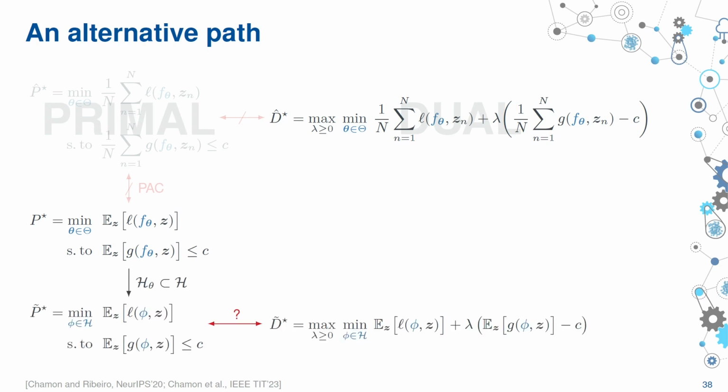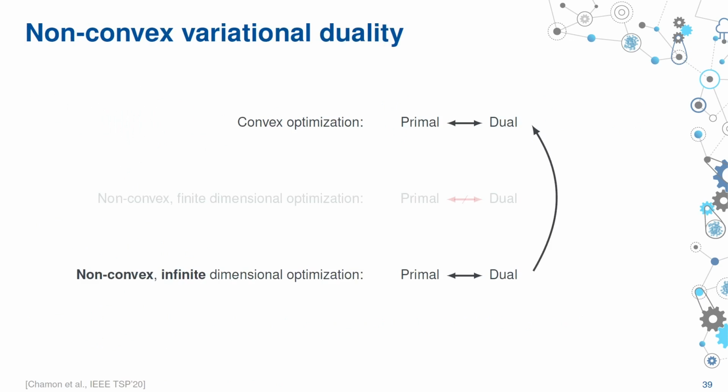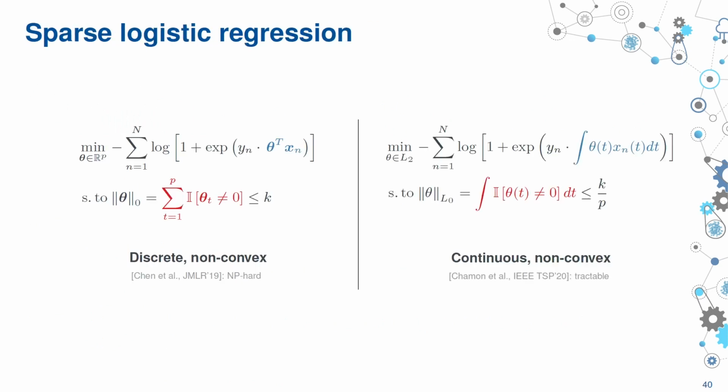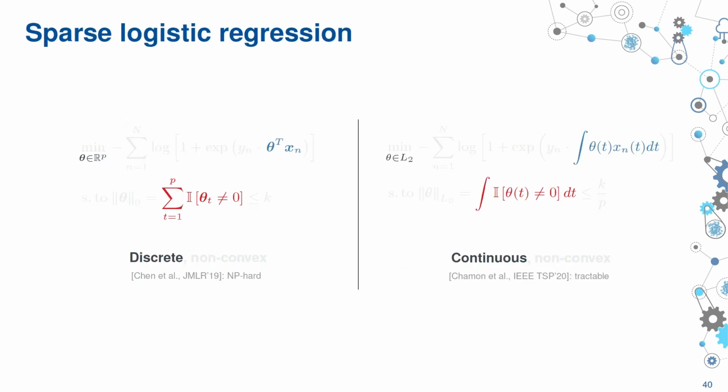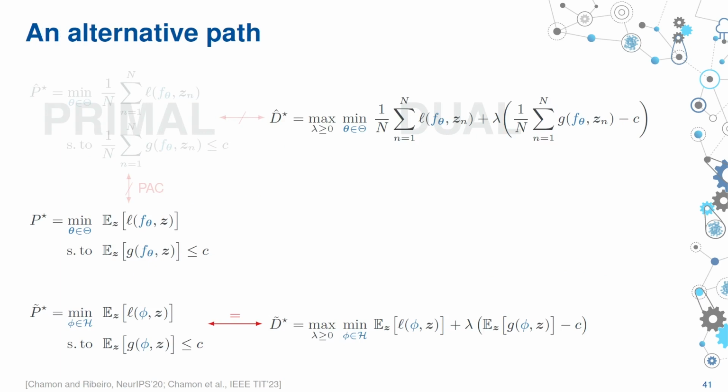I, however, do something strange, which is I introduce this problem, which is unparameterized, and in this unparameterized problem, leveraging results that ultimately come from sparsity theory, it is possible for us to show that we have no duality gap.